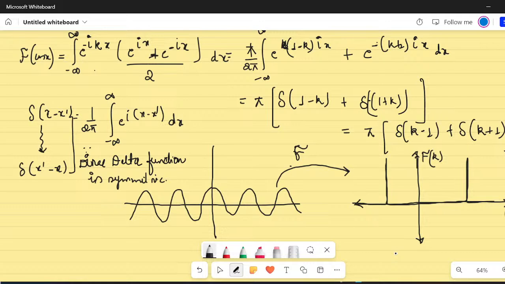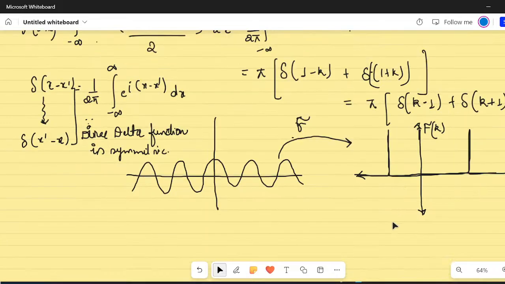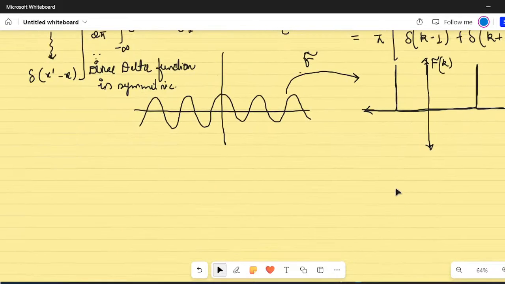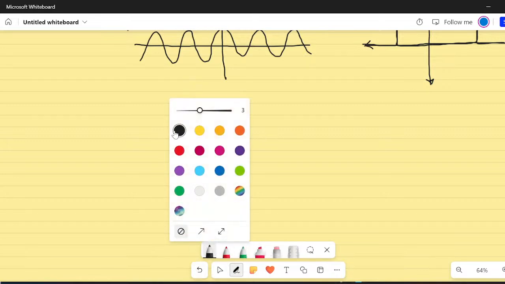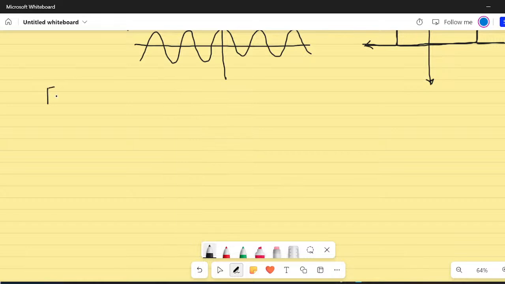Okay, another question, another topic that I taught you in the previous lecture. I'm again going to revise it so that the students who have not attended it will find it useful. So another important topic is Fourier transform and contour integrals.